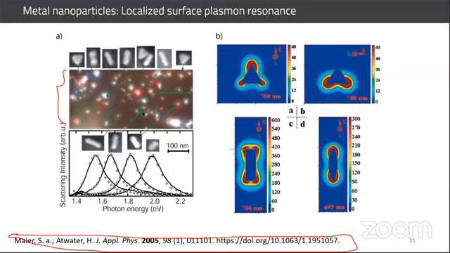But if you zoom in by using other methods like a scanning electron microscope and TEM, transmission electron microscope, then you can zoom in to see they have different structures. Like this one is a triangle, these are 2 spheres, this is a nanorod instead of a nanosphere, and this one is a triangle with a nanorod, things like that.